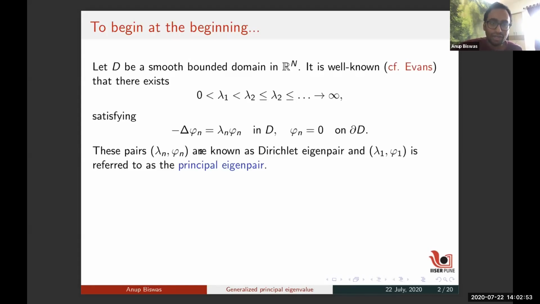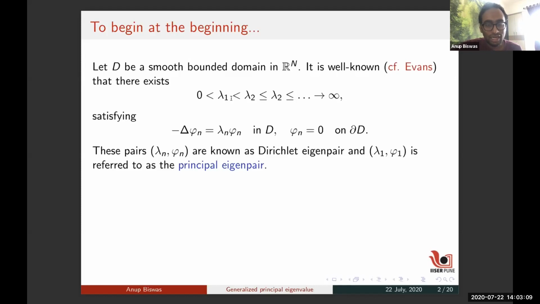These eigenpairs lambda n, phi n are known as eigenpairs, and the first one is referred to as the principal eigenpair.